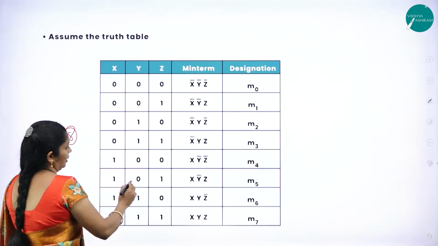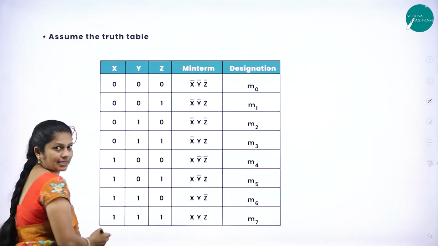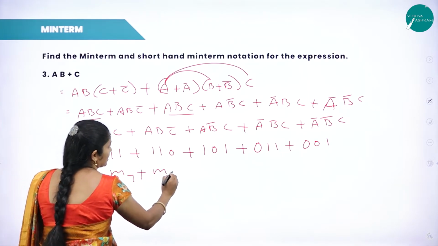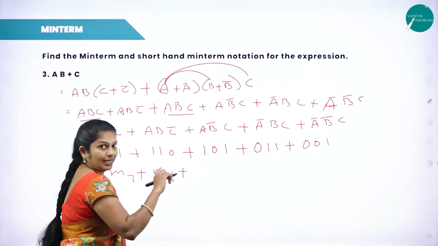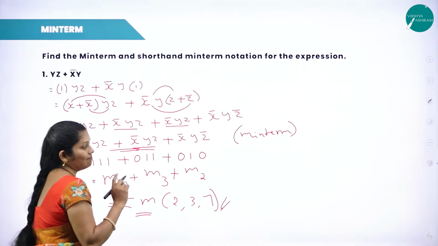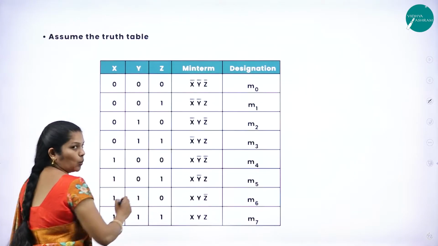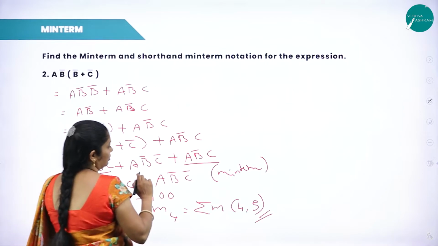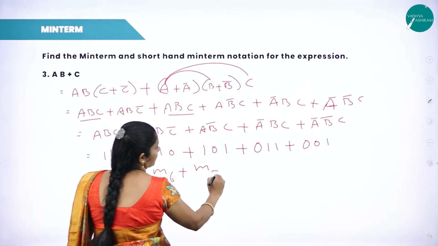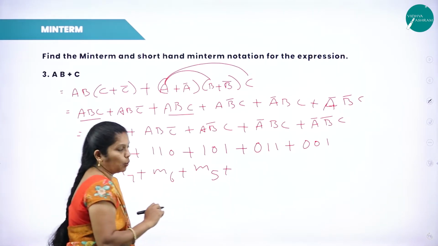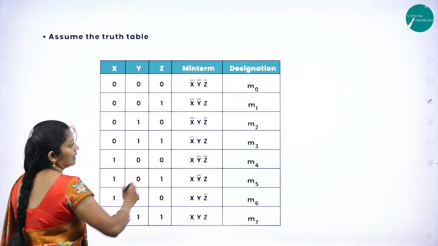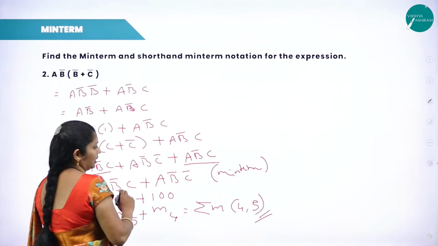Double 1 0 is M6. Write down M6. 1 0 1 is M5. Write down M5. Plus 0 double 1, that is M3. Write down M3.